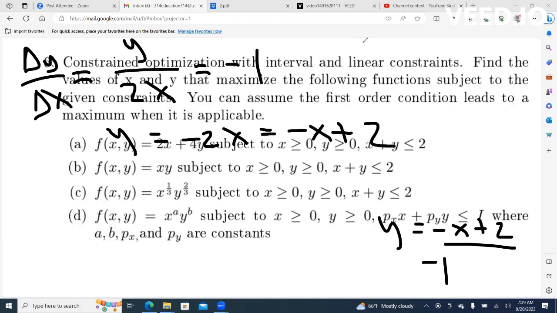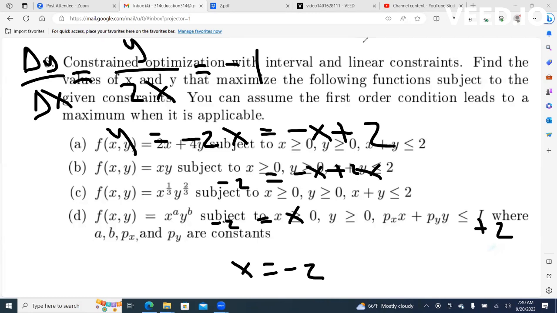Then we literally just set them equal and solve for x there. I get -2 equals negative x plus 2x. I get -2 equals x. I get x equals -2. We plug it into our constraint. Our constraint is negative x plus 2.